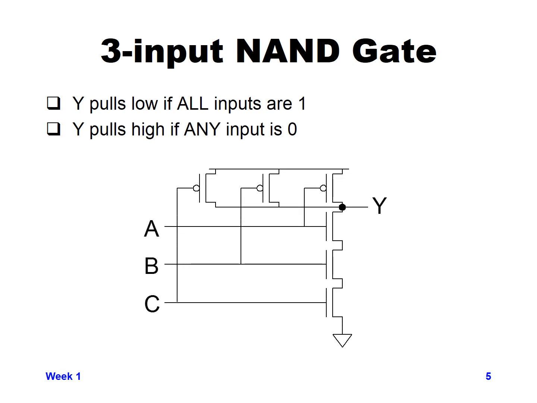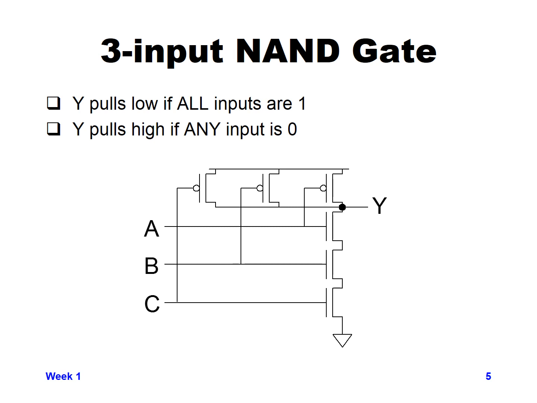So this is very similar, if you think about it, to the 2-input NAND gate. Instead of having 2 NMOS in series with each other and 2 PMOS in parallel with each other, we now have 3 NMOS in series with each other and 3 PMOS in parallel with each other.